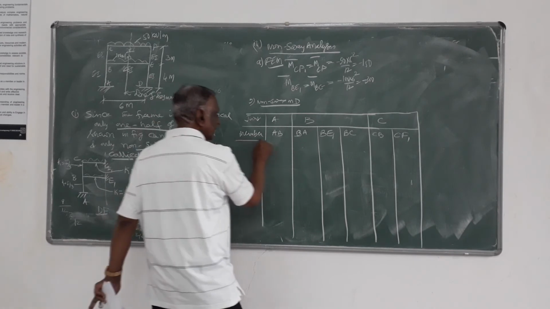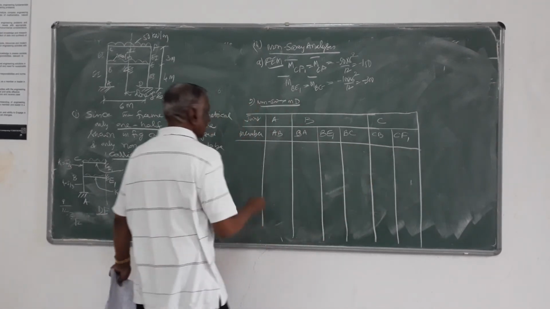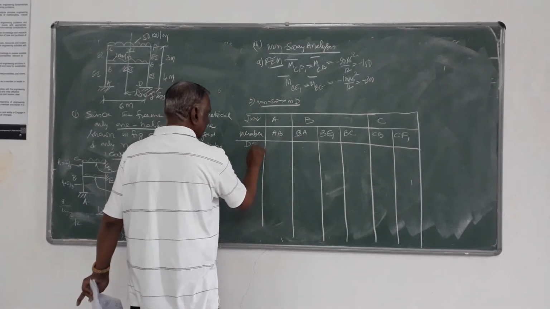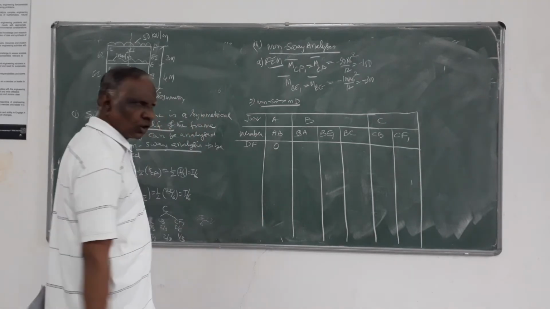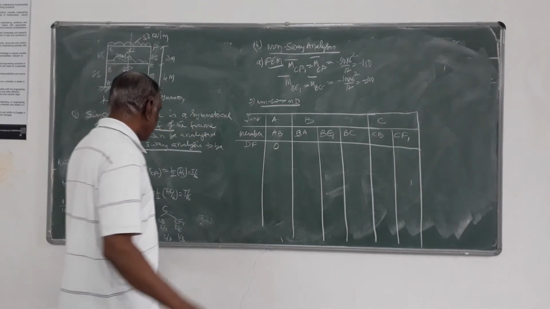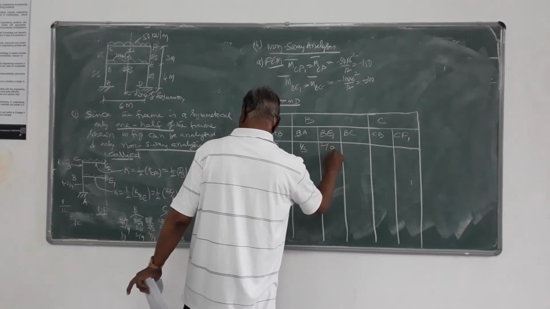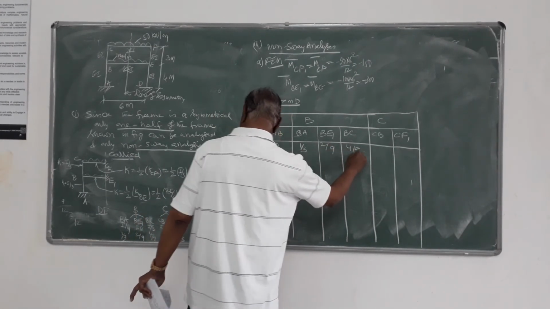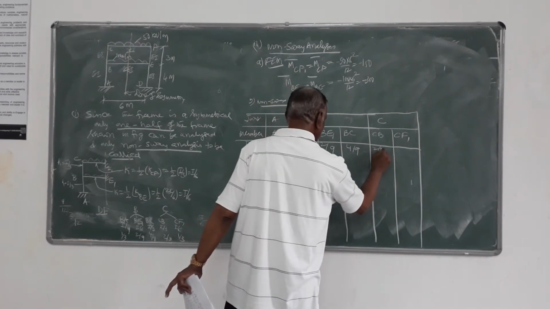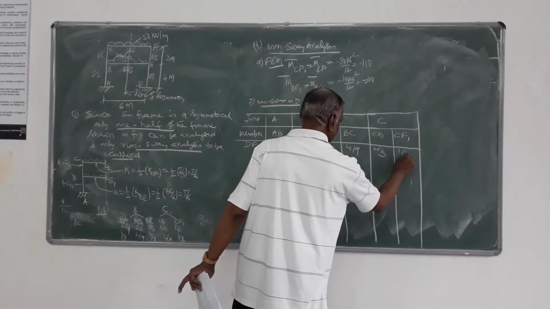So just add this. The distribution factor for AB is 0 because it is fixed, and for BA it is 1/3, 2 by 9, 4 by 9, and 2/3, here it is 1/3.